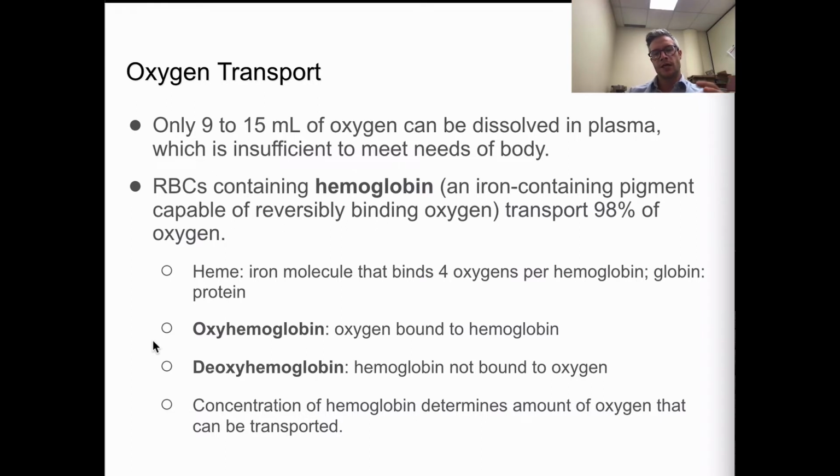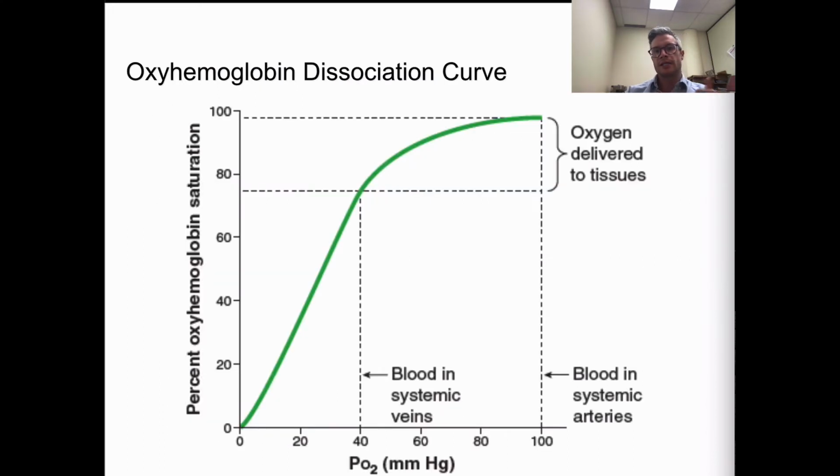And as mentioned previously, when we increase the amount of globin groups that have oxygens bound to them, or increase oxyhemoglobin in the contents of red blood cells, we have more and more oxygen. Okay. And so what we end up getting with that increasing affinity is something that looks like this.